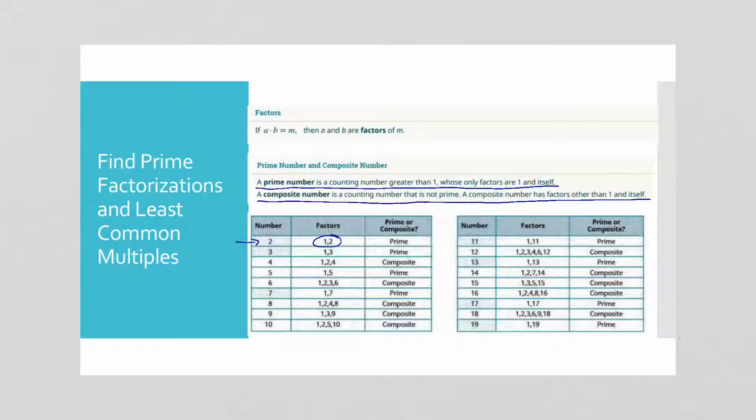Now, the only numbers after 2 that are prime are odd numbers. So look at this. 3 is odd. 5 is also prime. 3 is prime. 5 is prime. Okay, 7, prime. Next prime number after that is going to be 11, also an odd number.